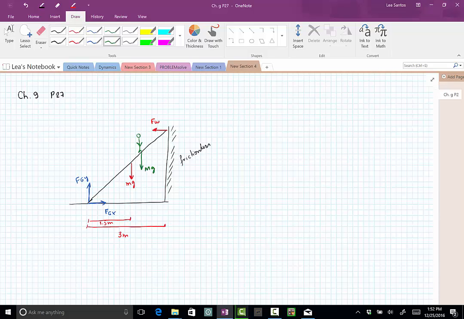They say that the ladder begins to slip at its base when this painter's feet are 70% of the way up the length of the ladder. That is, this height here is 70% of the height of the point where the ladder is touching.